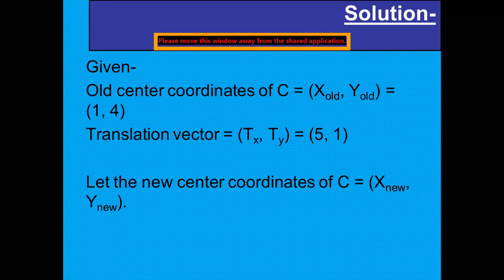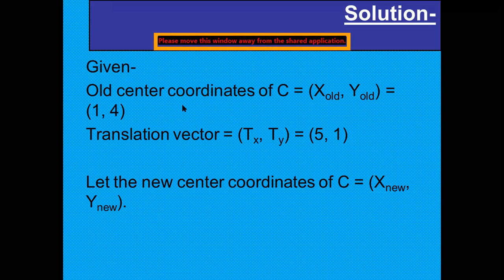And the translation vector Tx, Ty is given in the problem as 5, 1. Movement towards x-axis is 5 and movement towards y-axis is 1. So this is called the translation matrix, and we can represent it by Tx, Ty.